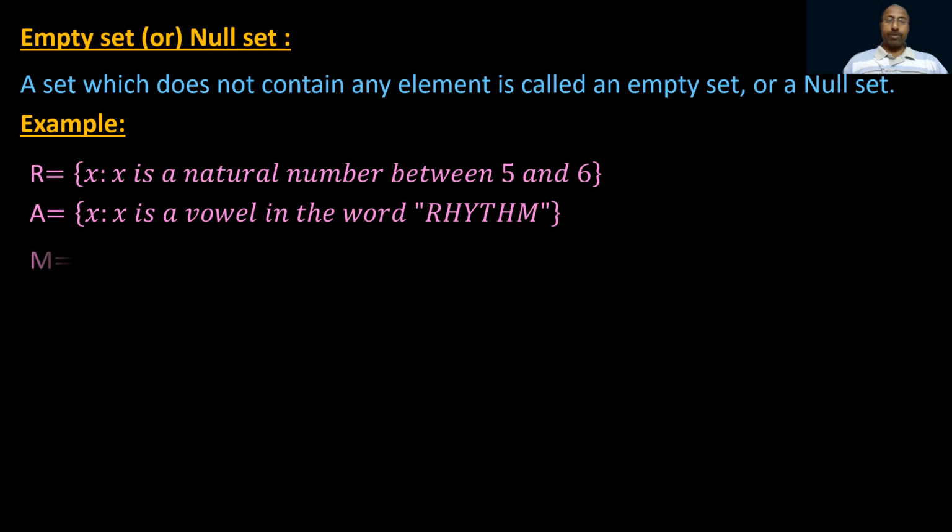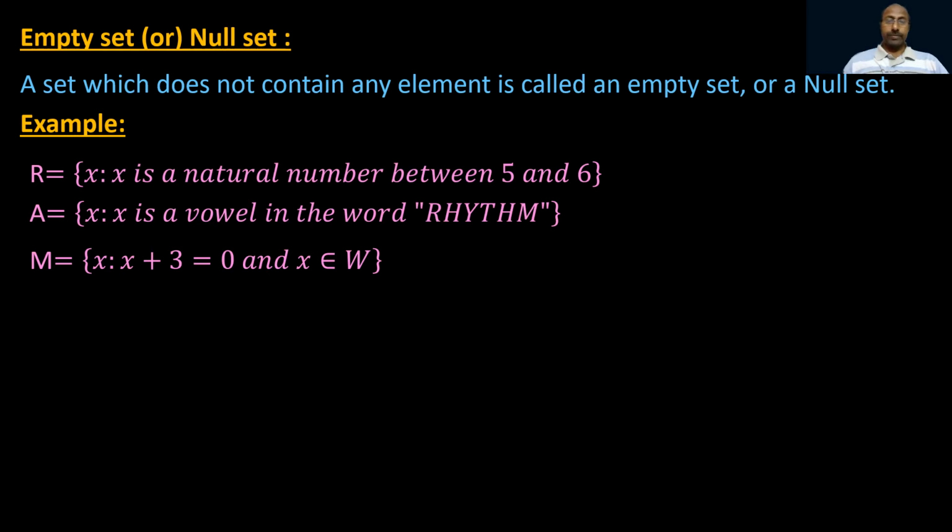Take one more example. M is equal to the set of x such that x plus 3 equals 0 and x belongs to W. Here W means the set of whole numbers. If x plus 3 is equal to 0, clearly x is equal to minus 3. Does minus 3 belong to whole numbers?